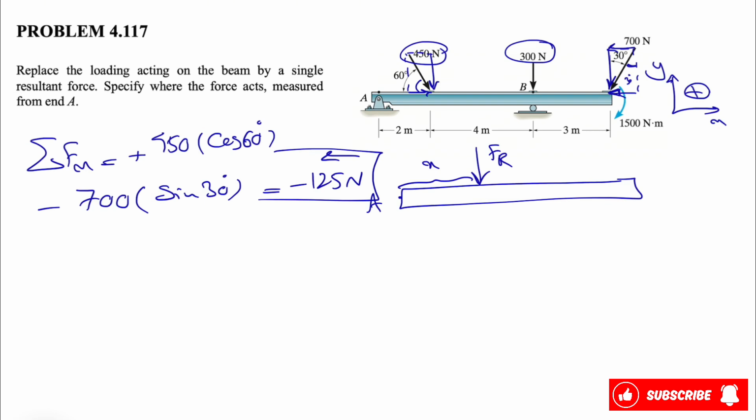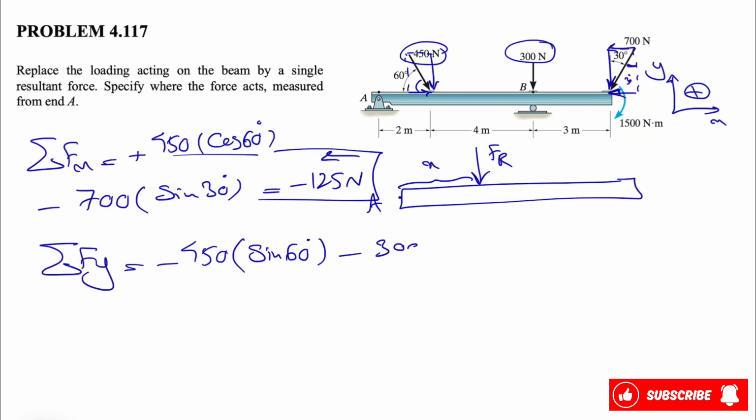Let's move on to the y component. So we have the y component of the 450 Newton force, and as we can see, it's negative 450 this time. The y component will be sine of 60 degrees. We had cosine for the x component. And we have the 300 Newton force, which is downward, so negative sign, and the last one is the 700 Newton force.